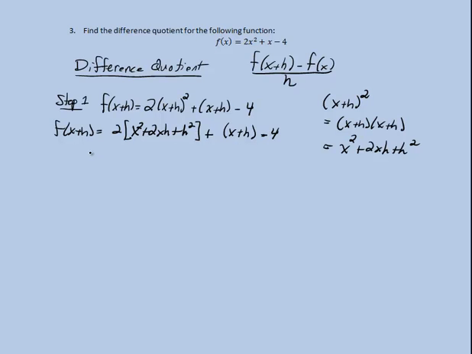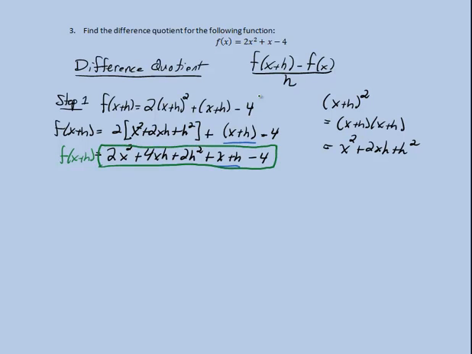Now we're going to distribute the 2, so we have 2x squared plus 4xh plus 2h squared plus x plus h. The plus x plus h comes from this right here. And then we bring down our negative 4 at the end.